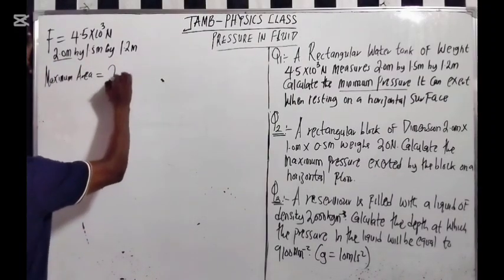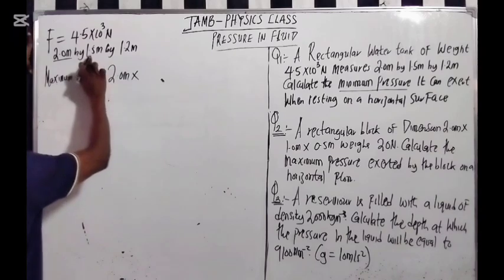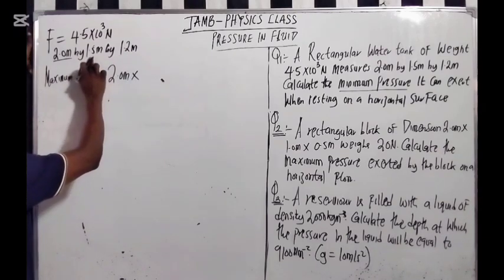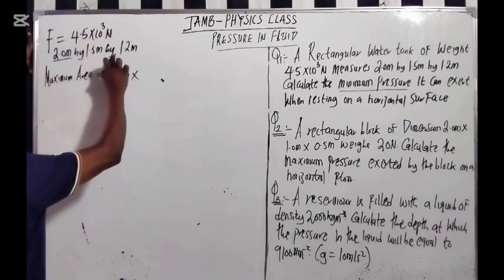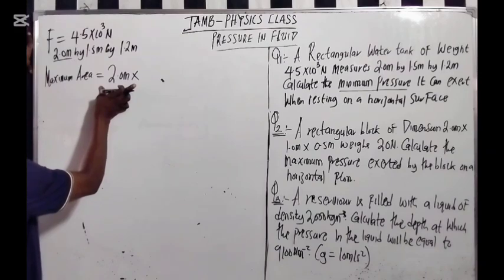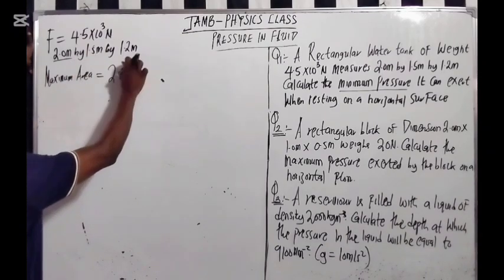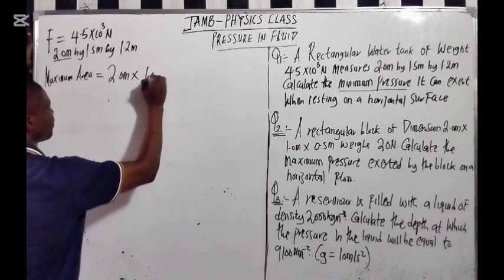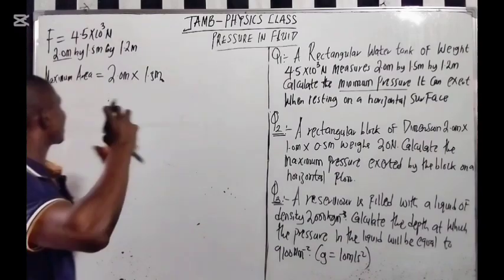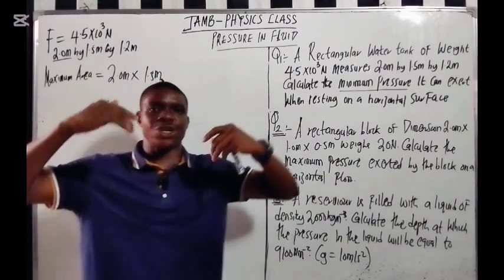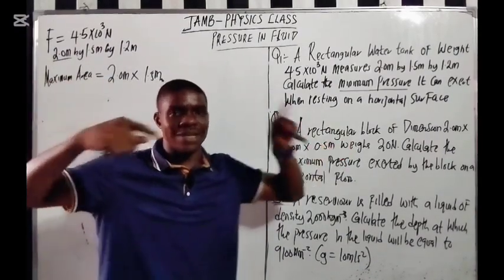So the 2.0 meter is higher than this and this. 1.5 is higher than this one here. So to get the maximum area, take the two highest values given to us.